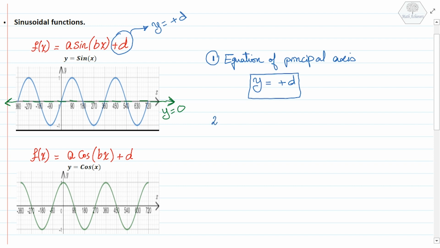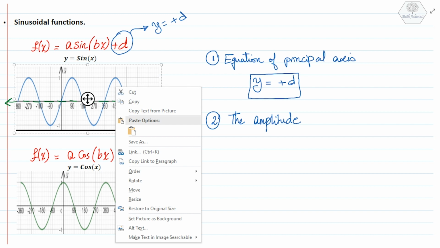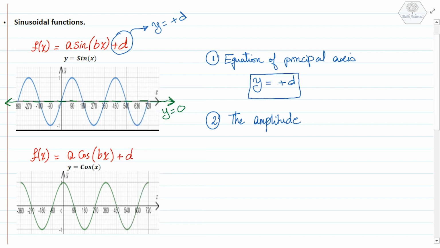The second thing that I need to know is the amplitude. The amplitude is simply the distance from the principal axis to the maximum point on the curve.